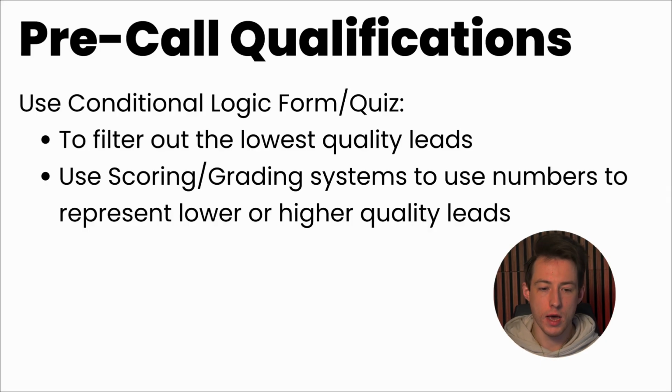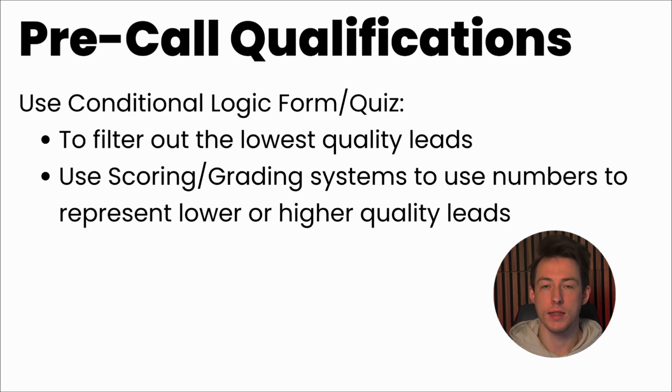They don't qualify. But more specifically, what I like to do is use a grading and scoring system. Now, you can't necessarily do this in Meta. You would have to push them to a website. My recommendation is utilizing Go High Level. You can have somebody go through a form or a quiz, and based upon the questions, they're given a certain score on each one of those questions. So say, for example, if I say that I'm doing $50,000 a month in gross revenue, I get 2 points.